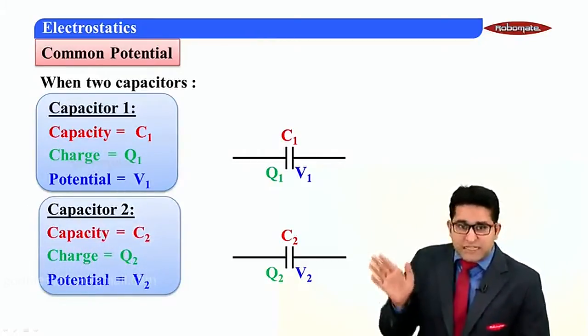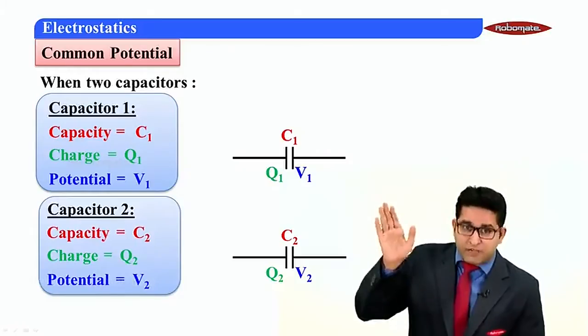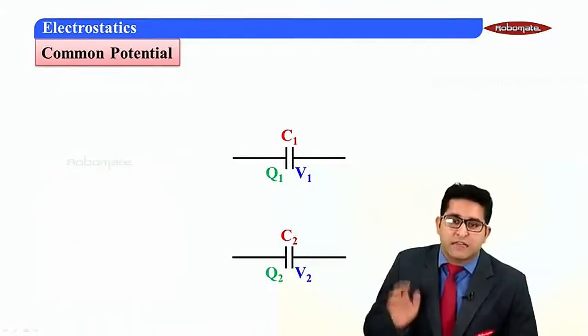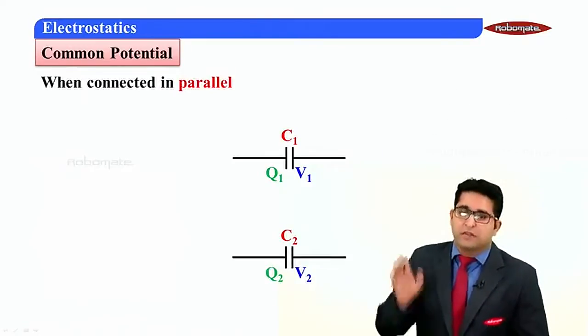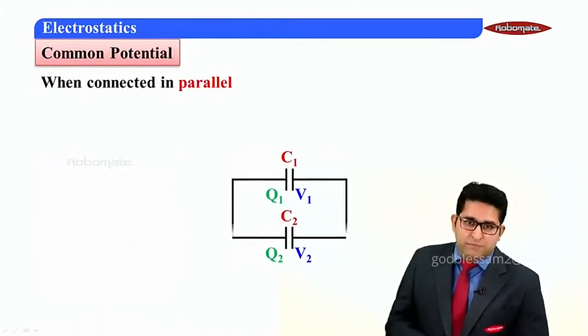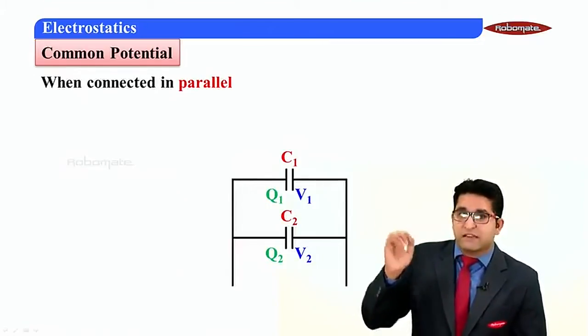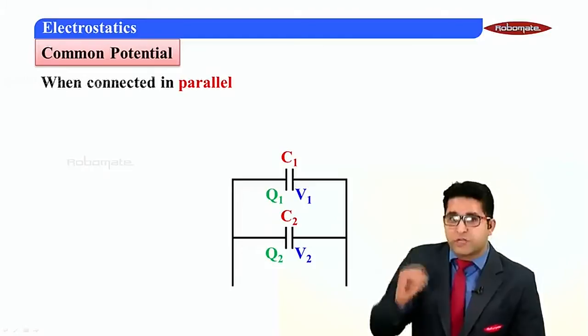Now students, let's say these two capacitors, which have different capacities and different potential levels, are connected in parallel with each other. First one has potential V1, second one has potential V2, so there is a potential difference.